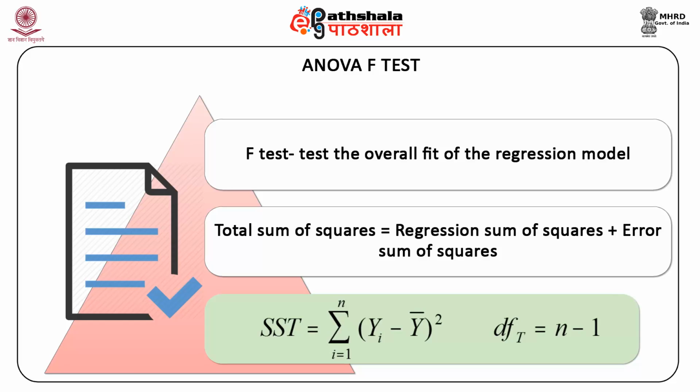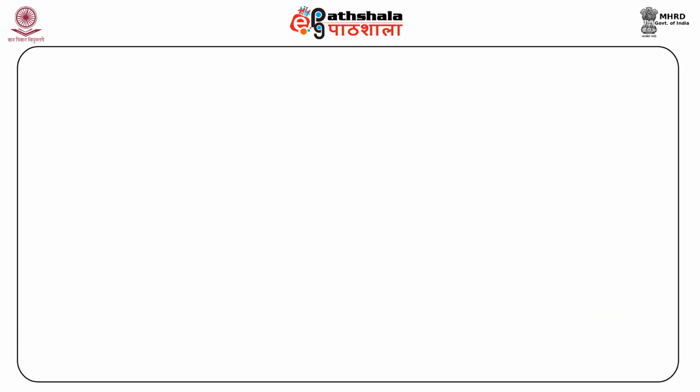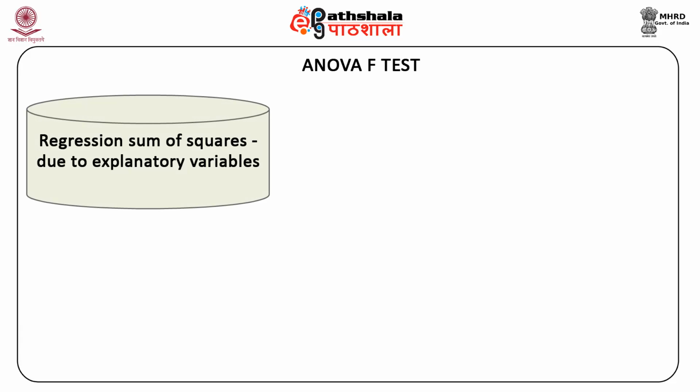So we have SST is equal to the sum from i equals 1 to n of (yi minus y bar) the whole squared. DFT is equal to n minus 1. Total sum of squares, total variation. Regression sum of squares is explained variation due to explanatory variables.